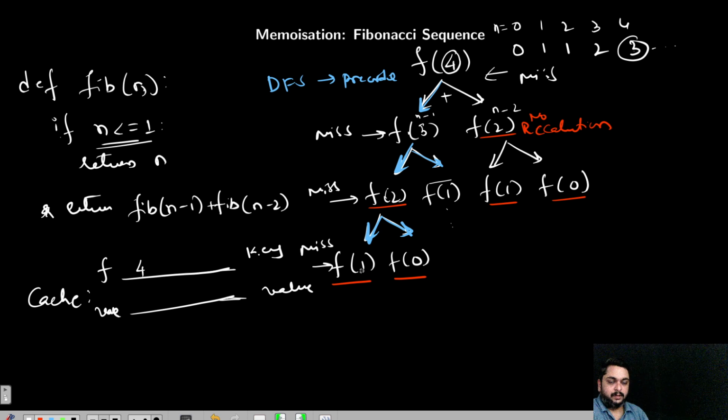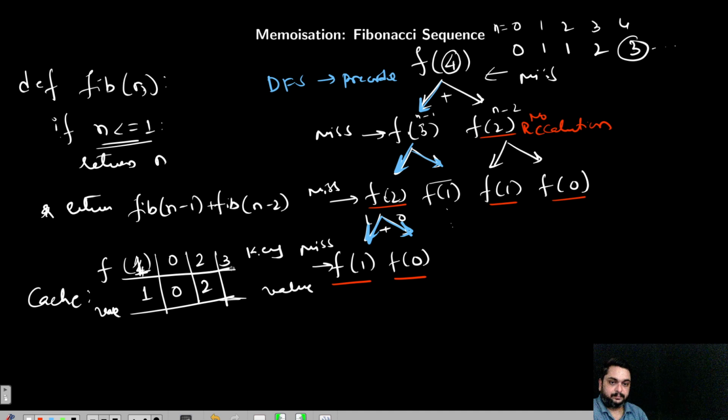Now f of 1 returns n, that is 1. So this is stored in the cache as f of 1, where the key is 1 and the value is 1. Then 0, it will store 0, it will return 0. Then 2, it has already calculated, so 2 is 1 plus 0, so it is 1.